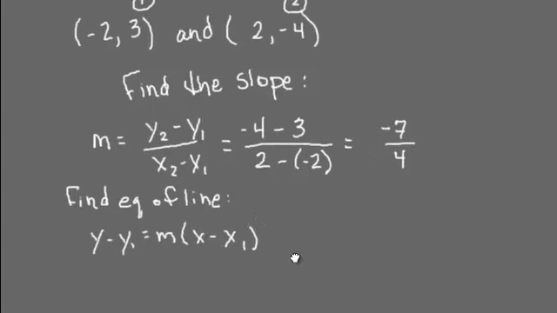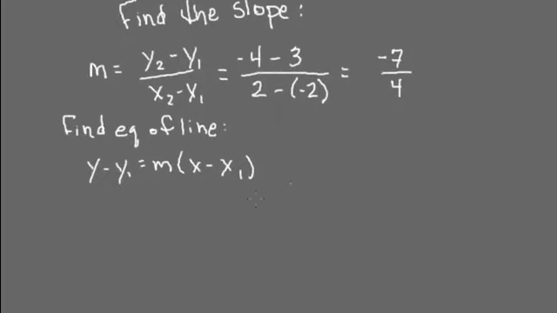So let's do that. We need a little more room. I get to choose whichever point I like, whichever one I think is the coolest. How about using this point here? It really doesn't make any difference. You can choose to do this by yourself and choose the other point, and you'll find that it'll simplify to the same thing.